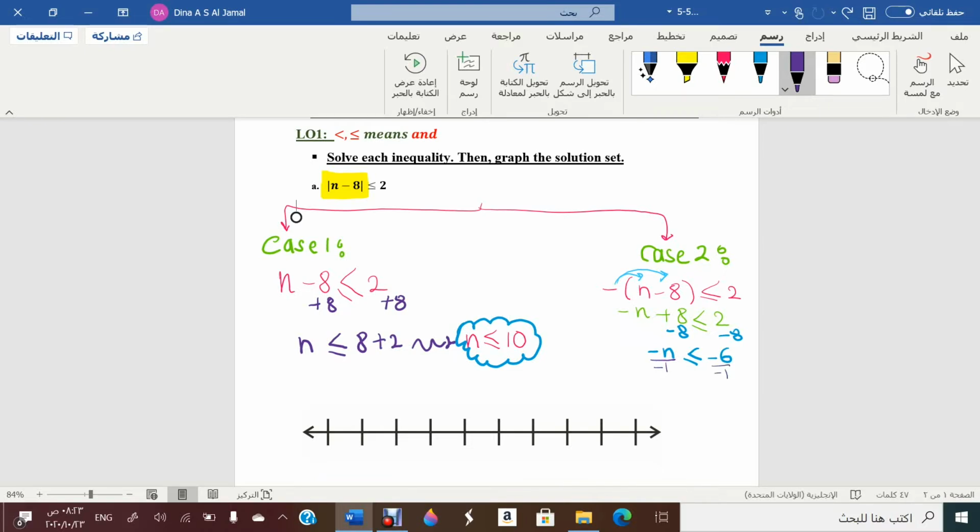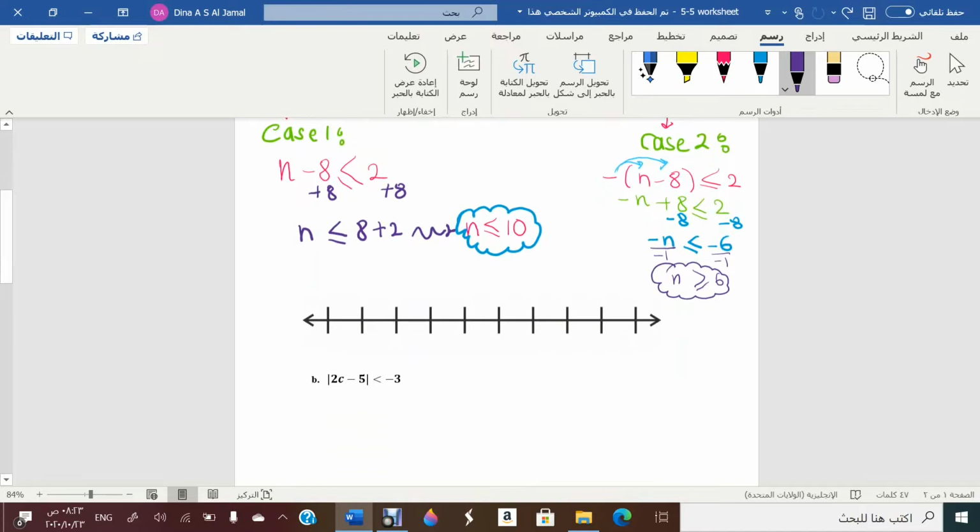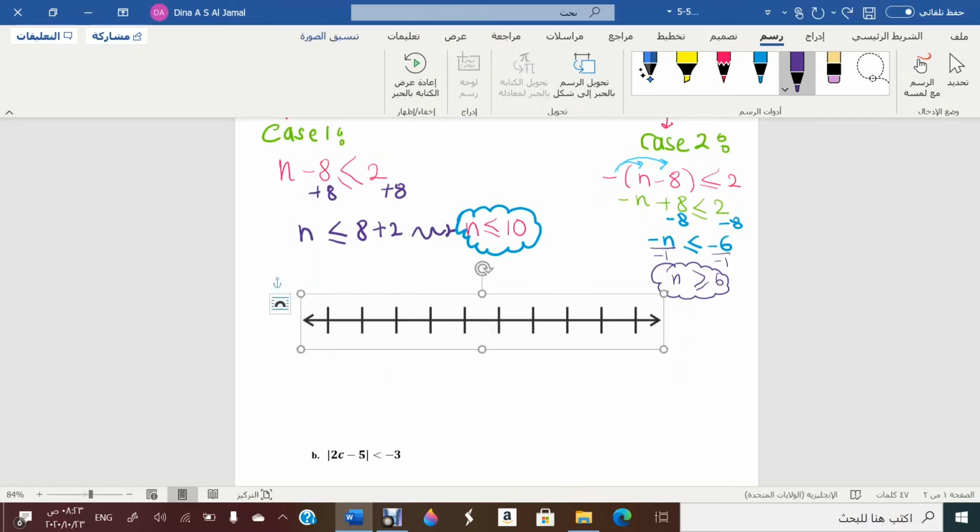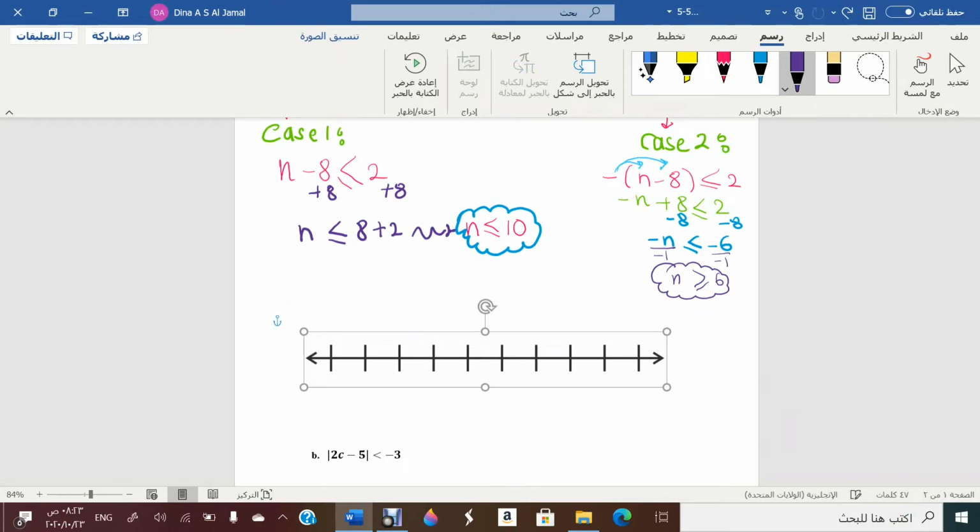With this you have to change your inequality sign. And this is the other inequality. Now it's your time to graph it. Try to graph it, pause the video, graph it alone, then revise with me.